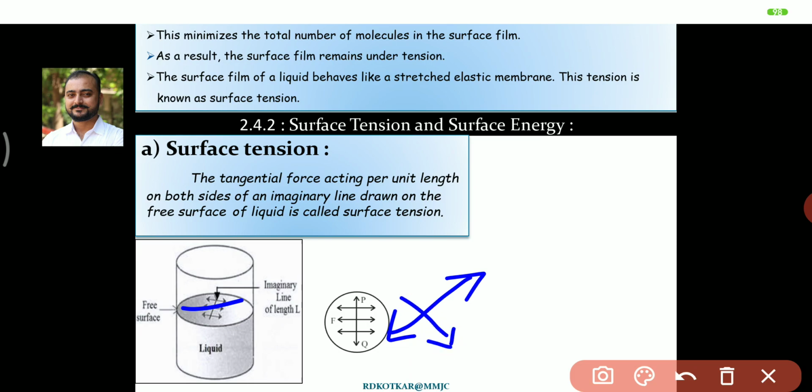So this force is a tangential force acting on both sides of the imaginary line drawn. Therefore, this tangential force acting per unit length on both sides of an imaginary line drawn on the free surface is called surface tension.